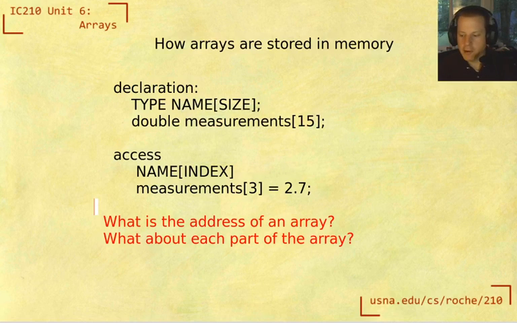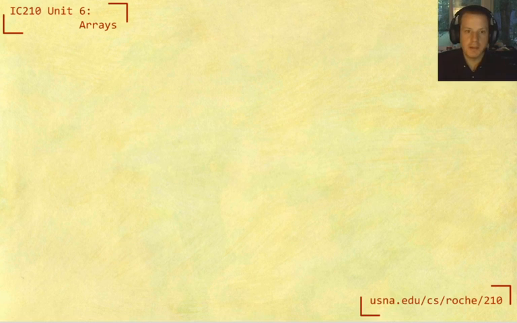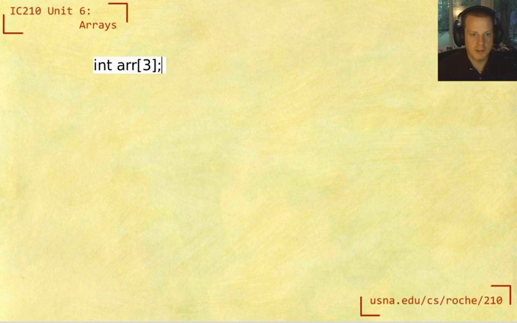Okay, so let's draw a diagram of this, and this kind of diagram is going to be helpful for us when we think about arrays quite a bit for this class. So if we have some declaration like int arr[3], like what we just saw, what does that actually mean? And I'll assign some values, 6, 3, and 8. What does that actually look like in memory, and how are we going to diagram this?